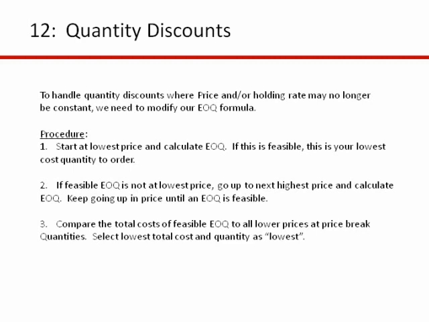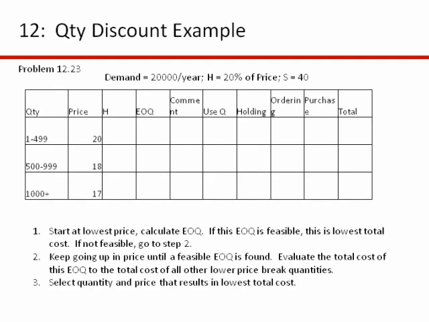If that quantity is not feasible at the lowest price, you have to keep going up in price until you find a feasible EOQ. And then the last step is to calculate the total cost for the feasible EOQ quantity and all other lower price break quantities, and then select the lowest total cost. So that sounds really complicated, but I have an example here that I think will show you these 3 steps.